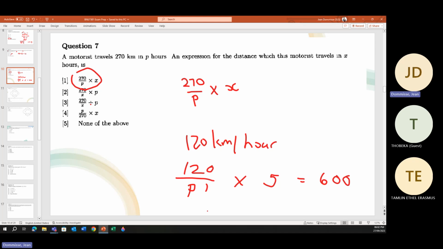So if somebody then tells you, okay, well, you drive 270 kilometers in certain hours, you will divide that 270 by how many hours you would have driven, and then to make sure you get the full amount of your traveling, you will multiply by the x hours that you were traveling.